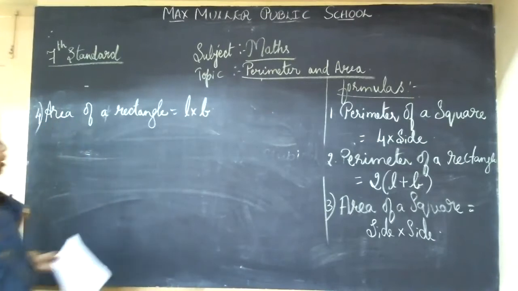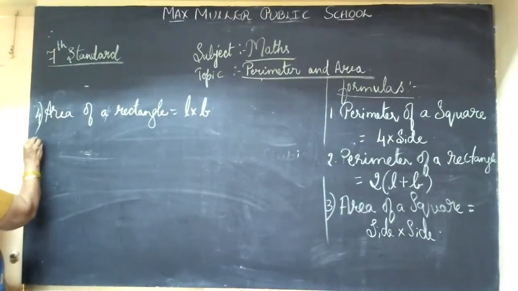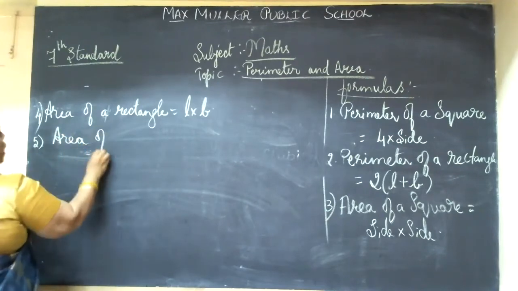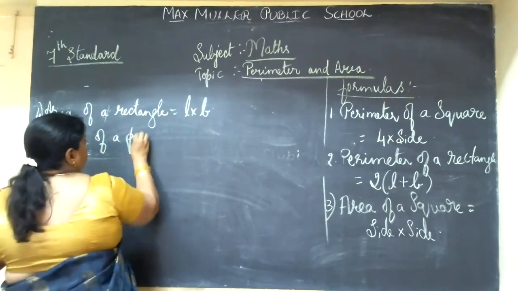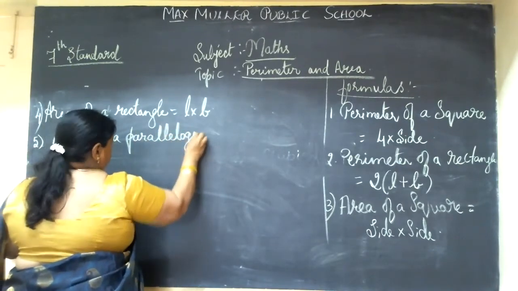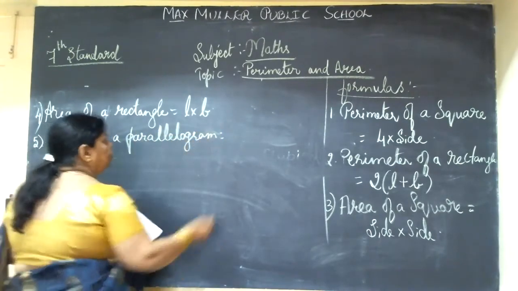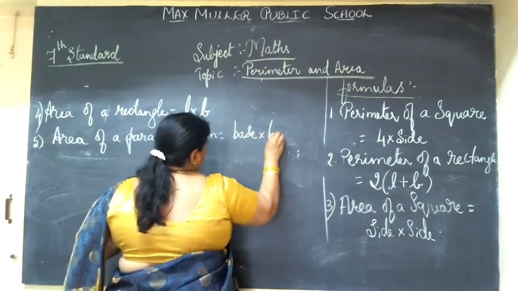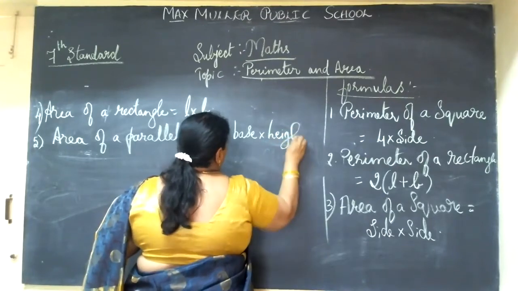After the final, it will be squares. Area of a parallelogram is equal to base into height. Base into height.